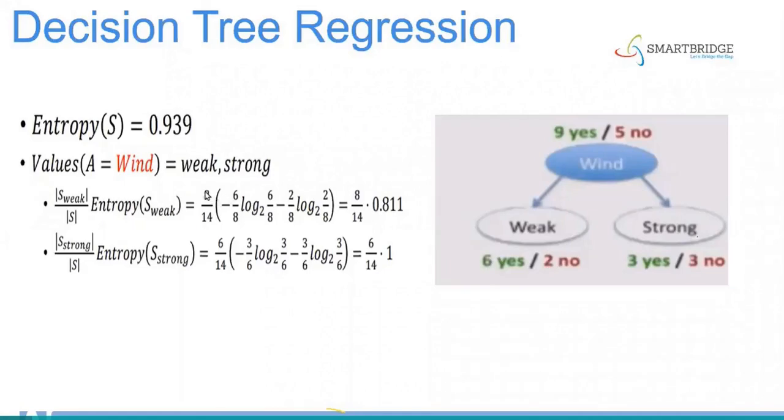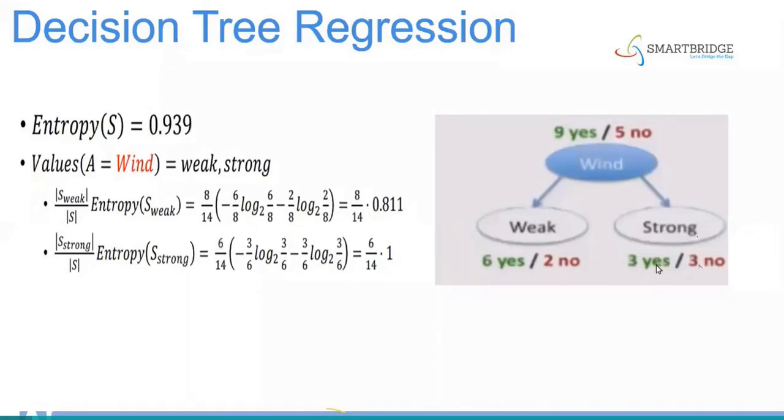So that's the reason 8 divided by total number of observations in the data set, which is 14. So Sv by S: Sv is the total number of samples in the split, and S is the total number of samples in the training set. So 8 by 14 into entropy of weak.